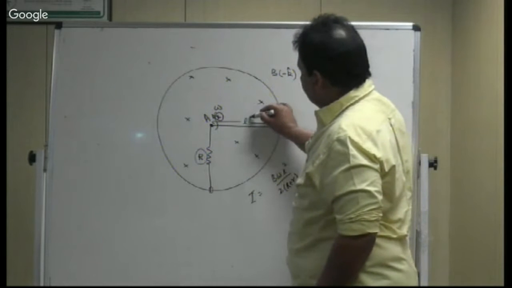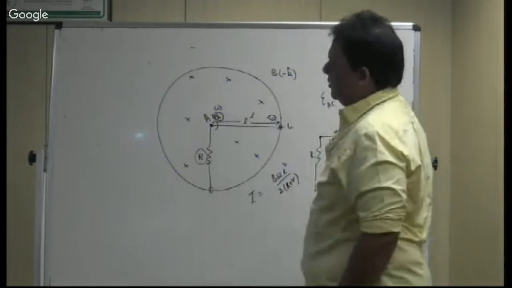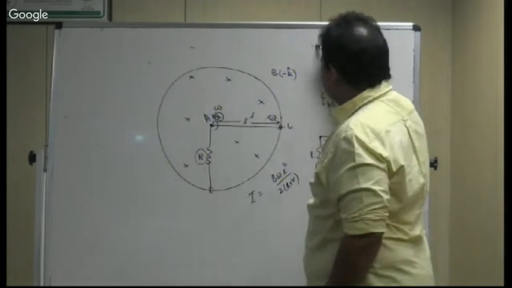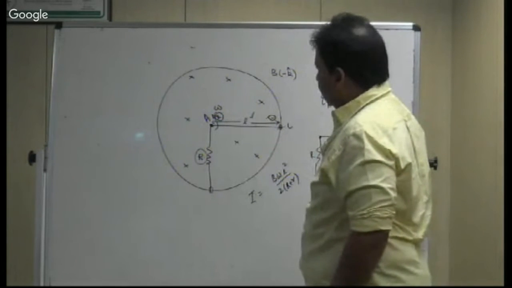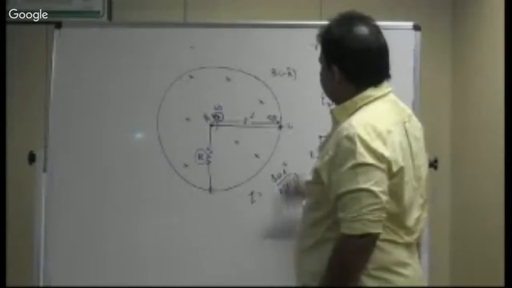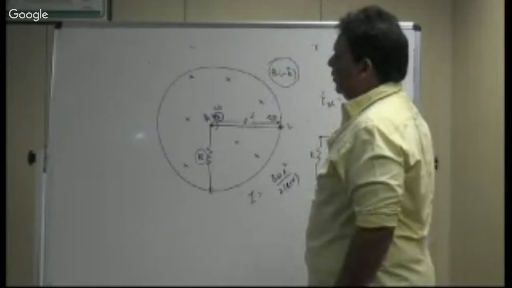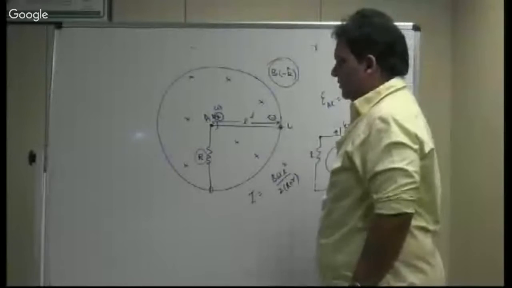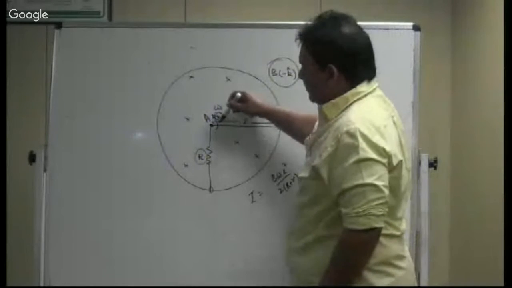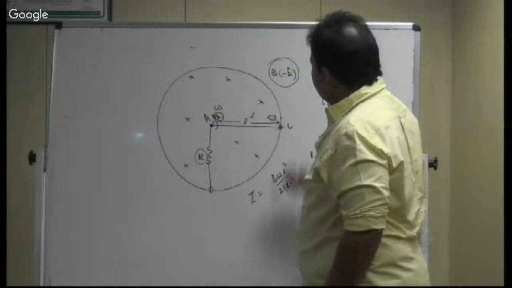The length of the rod is L and the internal resistance of this rod is small r. There is a fixed resistance capital R which is connected between these two terminals. And there is a magnetic field along negative Z axis.